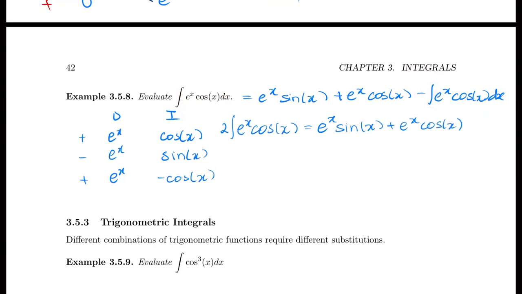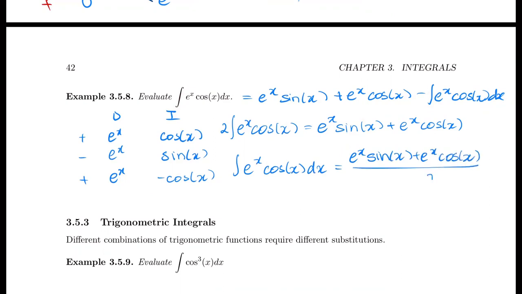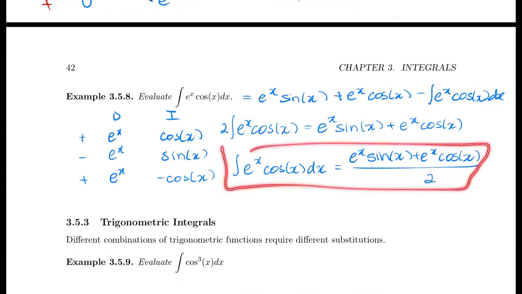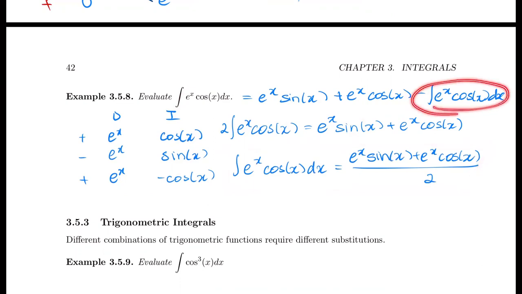And then once we divide by 2, we would get the integral of e to the power of x cos of x dx equal to e^x sine x plus e to the power of x cos of x, all divided by 2. And that is, in fact, the integral of this example. So sometimes you'll have a repeated term over here, and once you have that, you divide by 2.